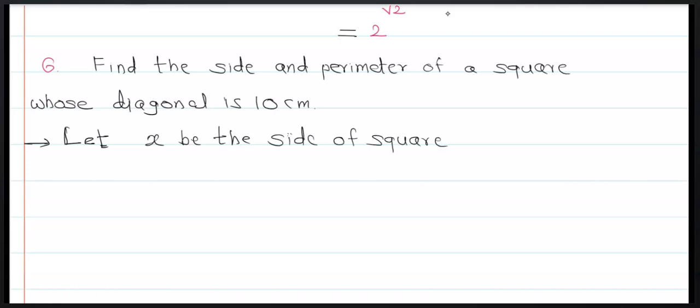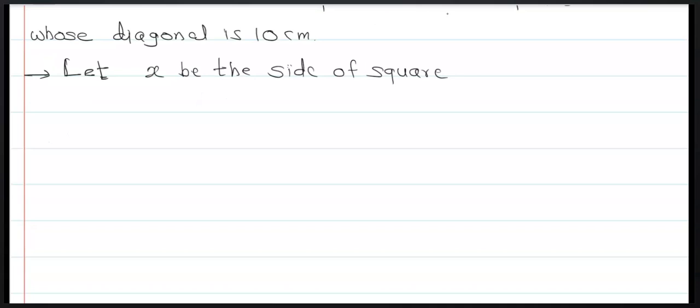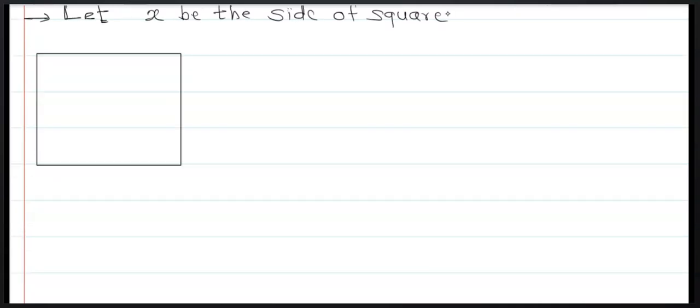Let x be the side of the square. See this figure. So the square, each angle is 90 degrees.